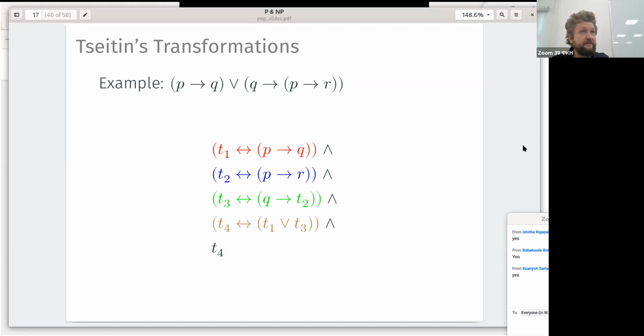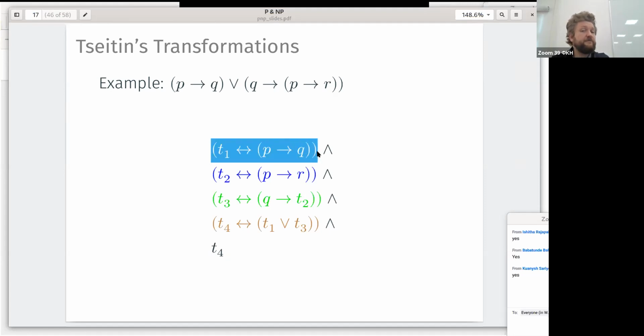What happens then? The formula is satisfied by this assignment, the original one, so T4 is going to be true. So this is satisfied. And each equivalence is also satisfied, just by definition. We took the same variables. So this is the same as this. They could be both 0, they could be both 1, we don't know, but they are the same.